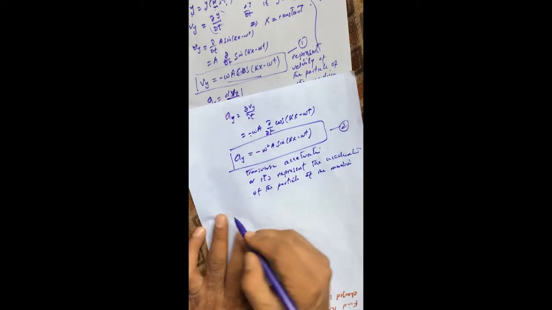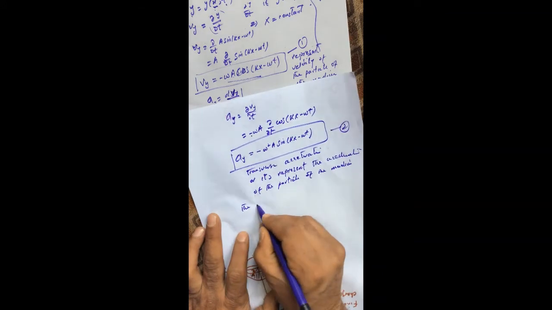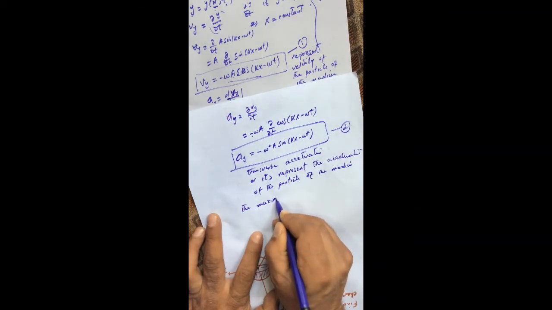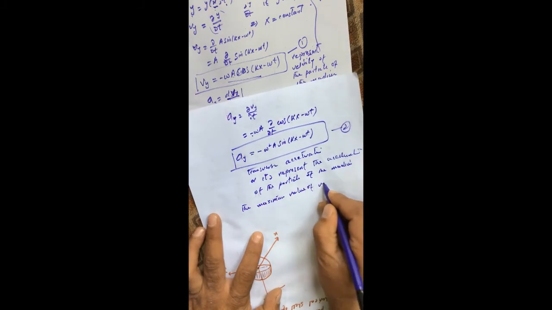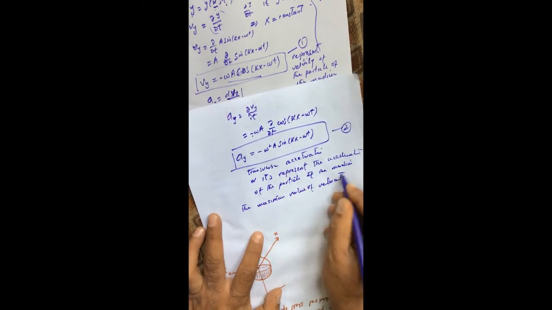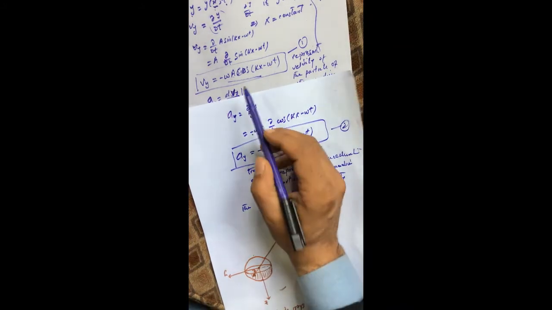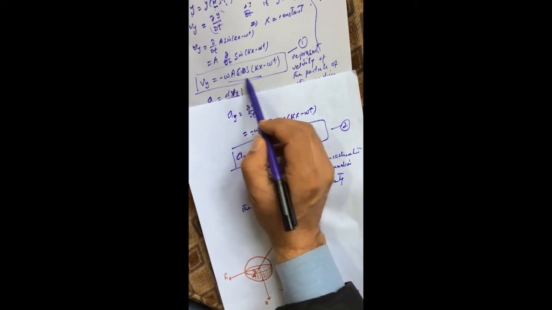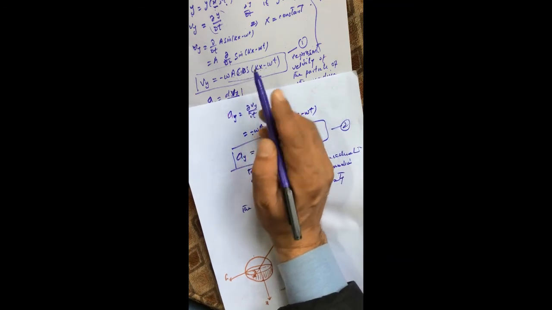Now the maximum value of velocity. The velocity will be maximum if the value of cos(kx minus omega t) is maximum, and the maximum value of cos is 1.